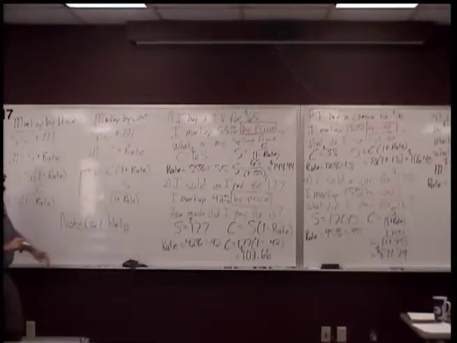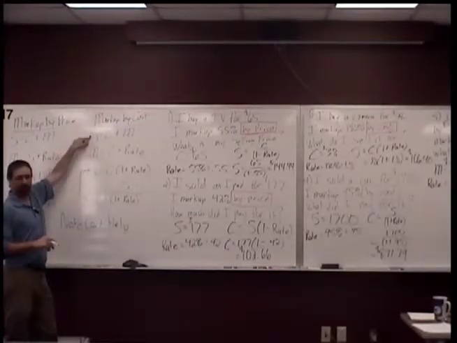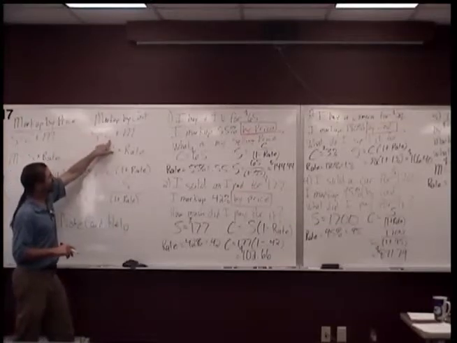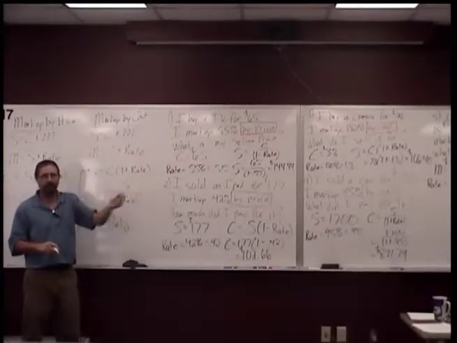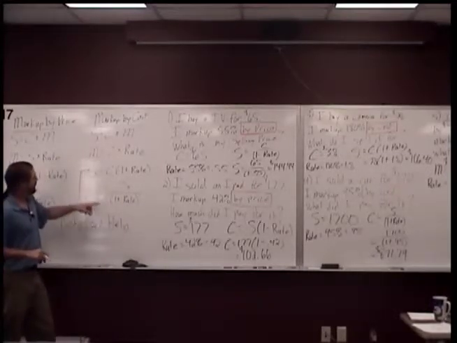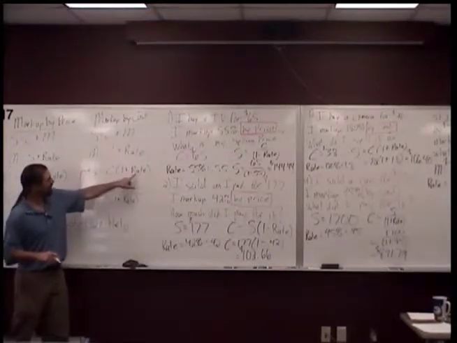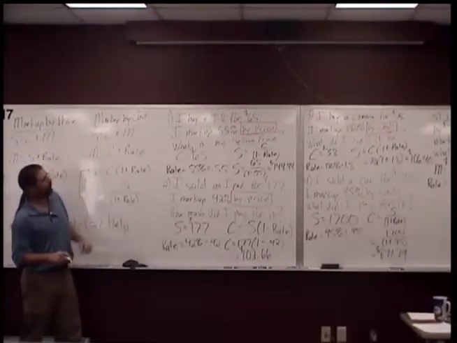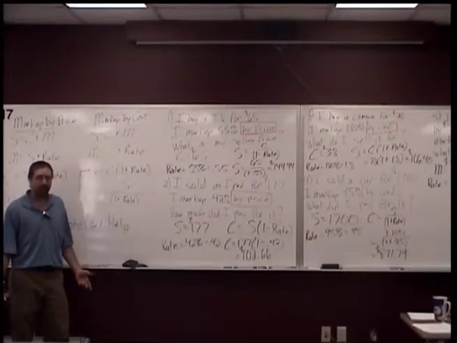So it would be really nice if I could use this formula or this formula right here. In this formula, I have to have cost and the markup. I only have the markup. Darn. In this formula, I need to have the cost and the rate. Oh, crap. I don't have cost.